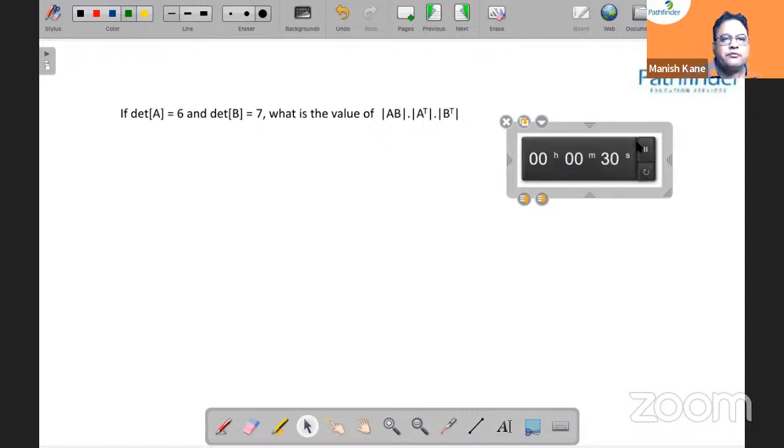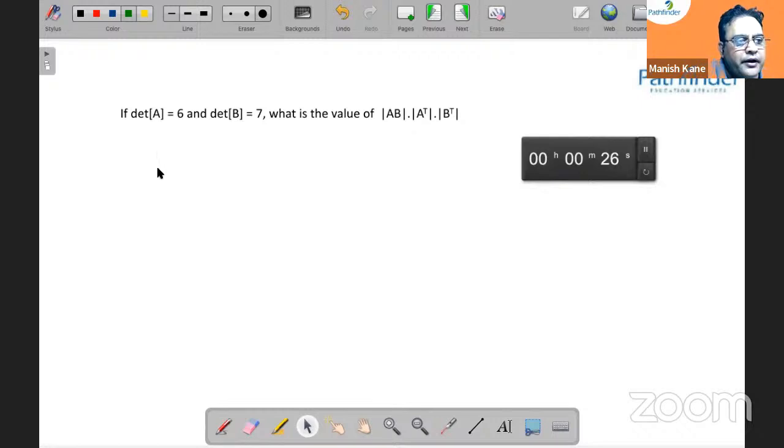This is in fact a very easy question. Why? Because we have to calculate the determinant of AB into determinant of A transpose into determinant of B transpose. So what we have to remember is that determinant of AB is nothing but determinant of A multiplied by determinant of B, or determinant of A transpose is nothing but determinant of A, or determinant of B transpose is nothing but determinant of B. So what do you get?